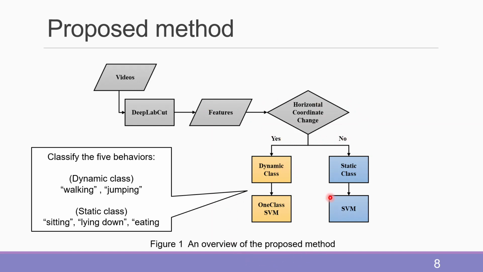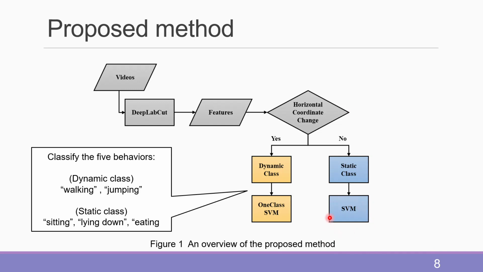The 5 behaviors can be divided into static and dynamic classes, based on whether there is a horizontal coordinate change. To classify static classes, the joint angle is used as a feature and classification is performed by SVM.